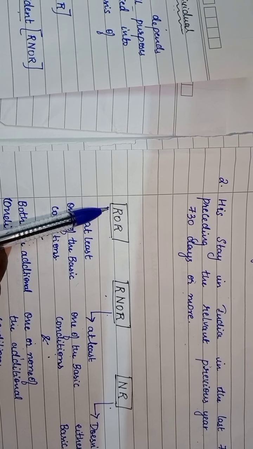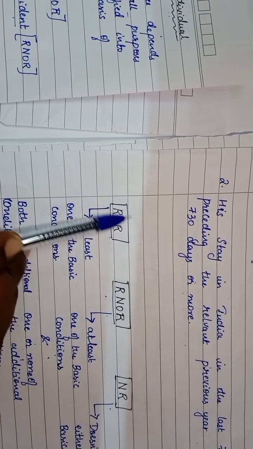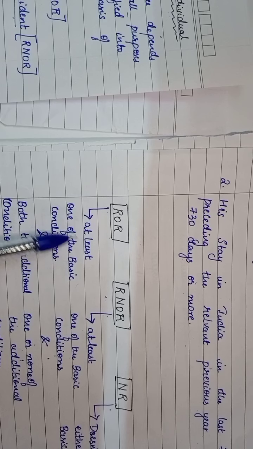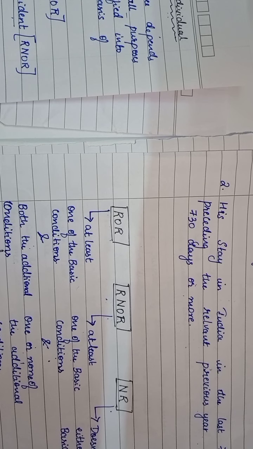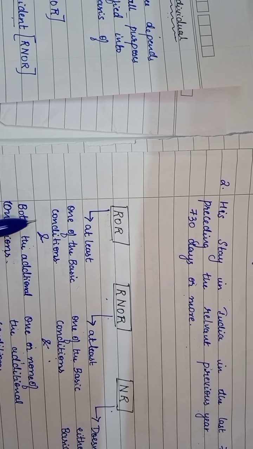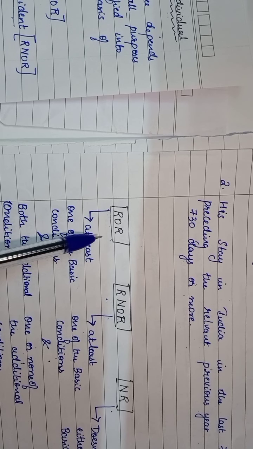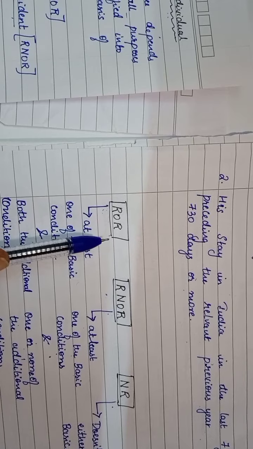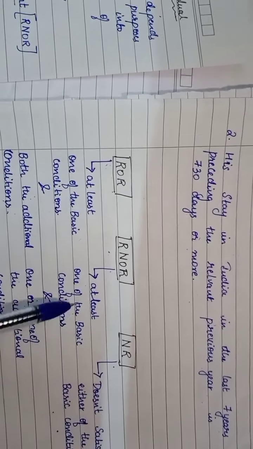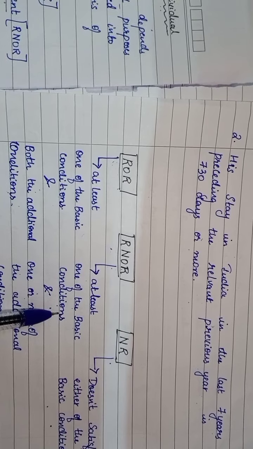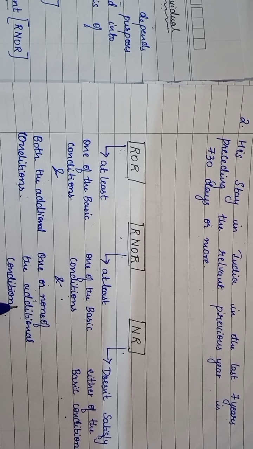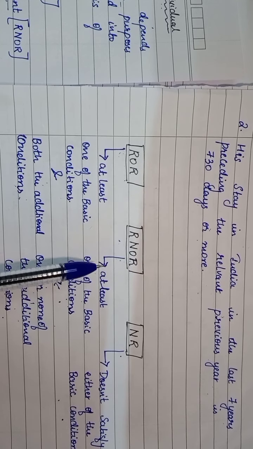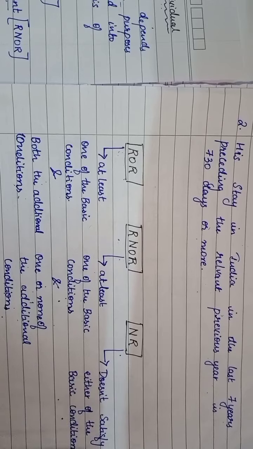For a resident and ordinarily resident, he should satisfy at least one of the basic conditions and both of the additional conditions. Suppose he satisfies at least one of the basic conditions and one or none of the additional conditions, then he is called resident but not ordinarily resident.